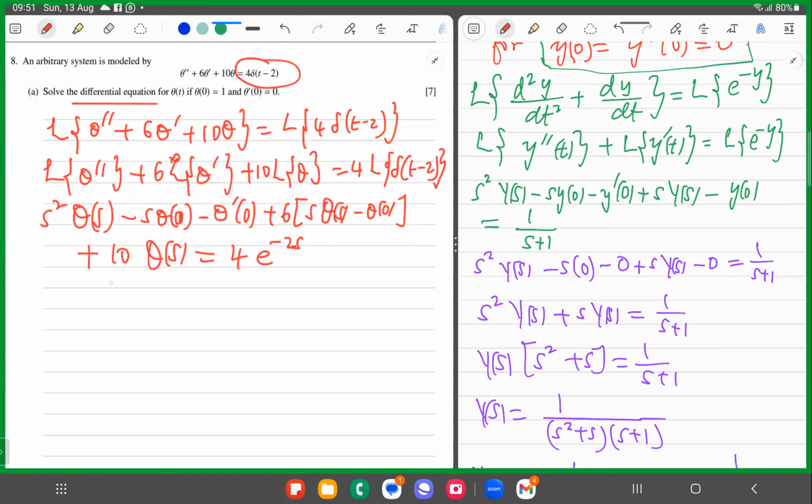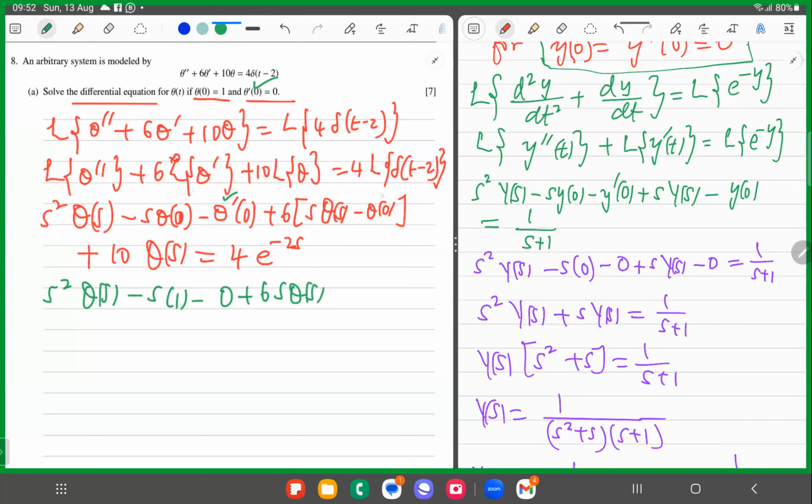Okay. All right. So now just substitute everything. Just plug in the 1 and the 0. So this is s squared big theta of s minus theta of 0, which is 1. Okay, this one is the primed. Theta primed of 0 is this one, which is 0. Multiply through by the 6 here.